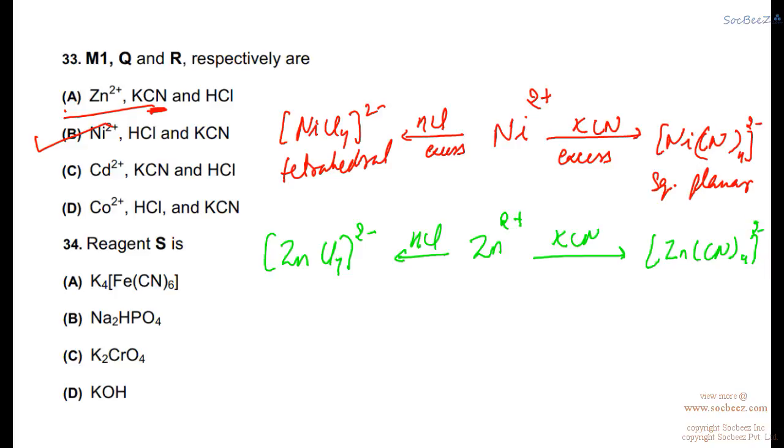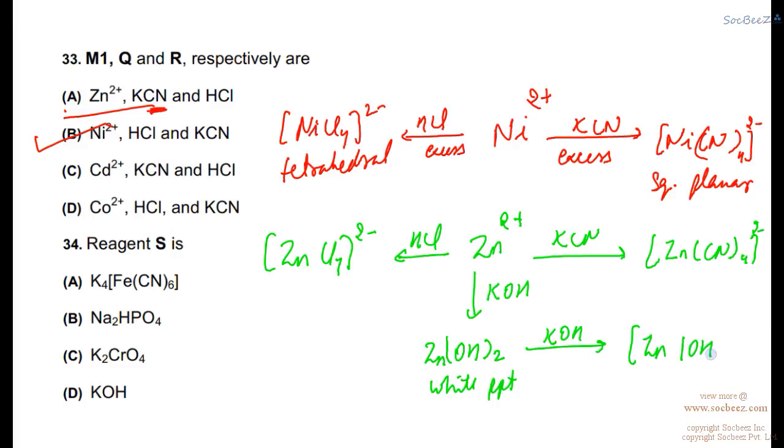So in these two conditions it gives us the tetrahedral complex, but while treating with KOH it gives us the white precipitate. Now again, if we add KOH in excess, then it will get solubilized due to the formation of this complex, which is soluble. So the correct option here is option D.